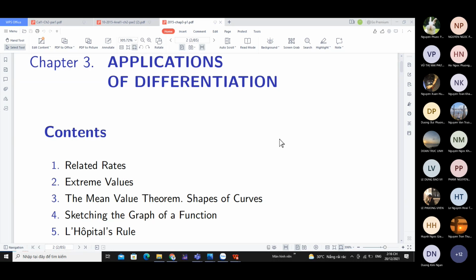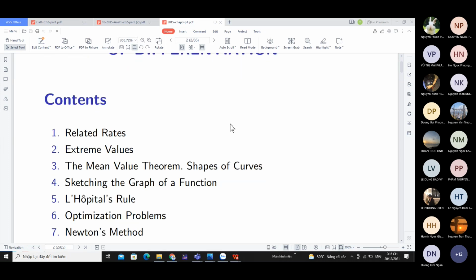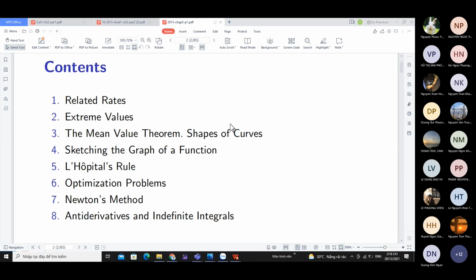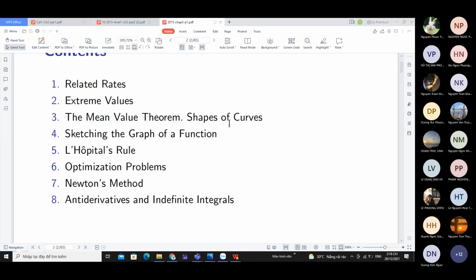Now we go to application of differentiation. Now you have got enough technique for differentiation, so we go to application. And we have got several basic problems here: related rate problem, extreme value, mean value theorem, and so on.